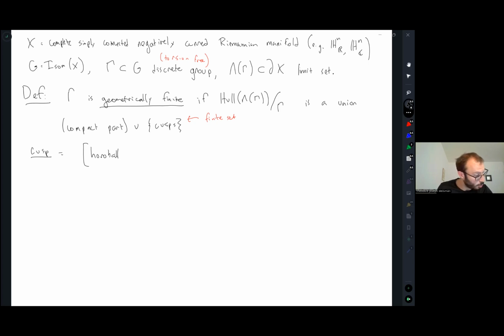I can take some horoball in the space X, I can intersect it with this Gamma-invariant set, which is the convex hull of its limit set, and then I can mod out this thing by the action of some parabolic subgroup in my group Gamma.